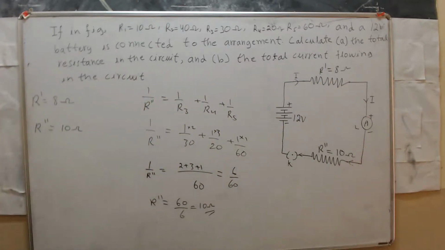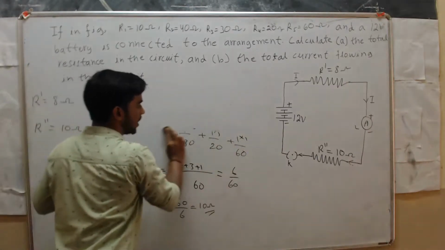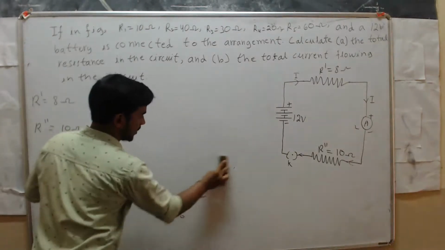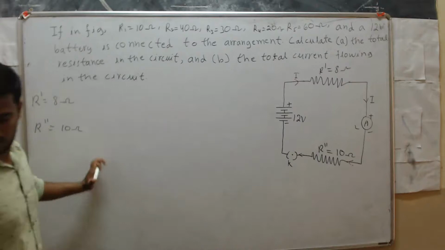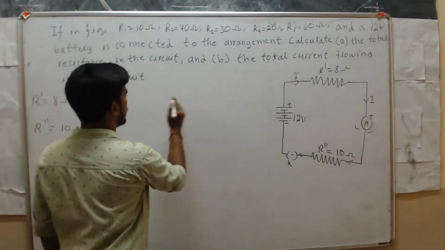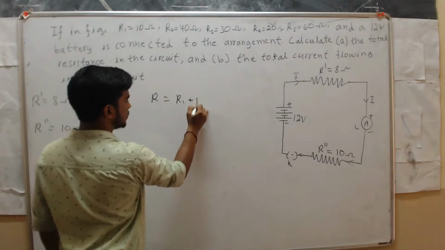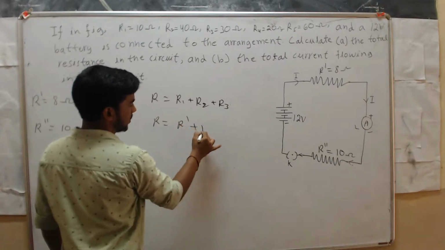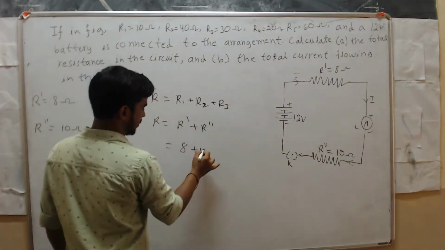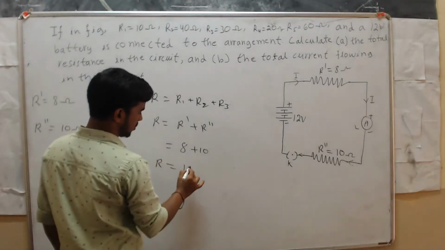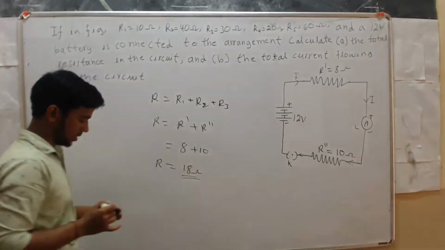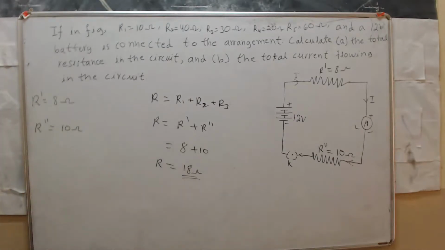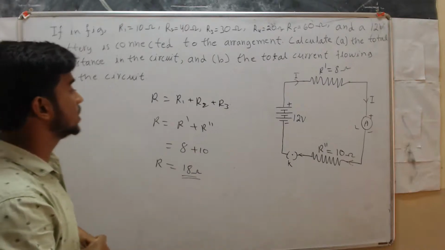What is the formula to calculate total resistance when the resistors are in series? R equals R1 plus R2 plus R3. So here R dash plus R double dash: 8 ohm plus 10 ohm. So total R is 18 ohm. The total resistance in the circuit is 18 ohm.